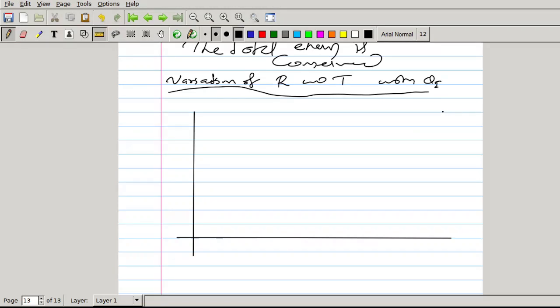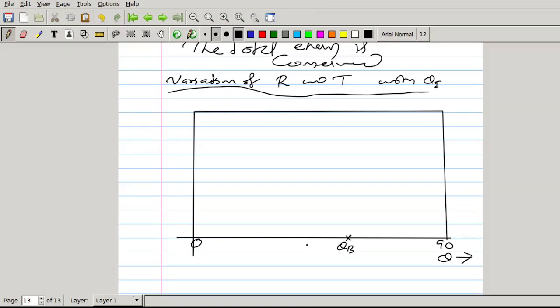So let this be theta equal to 90, and in the x direction we are marking theta. This is theta 0, here it is theta 90, and let this angle be Brewster's angle, theta equal to theta B. At this Brewster's angle, the reflection coefficient, which is the square of alpha minus beta by alpha plus beta.